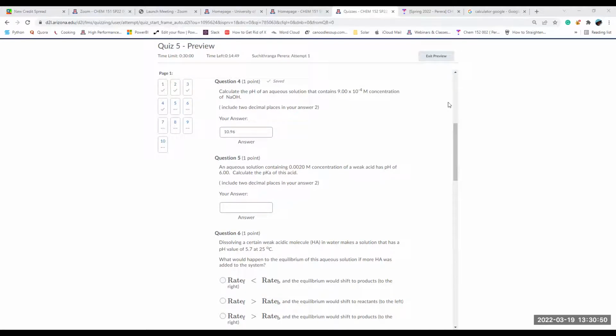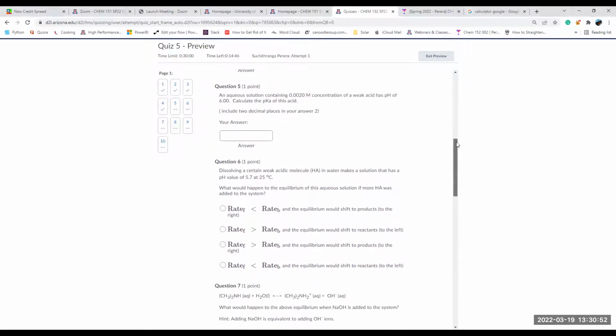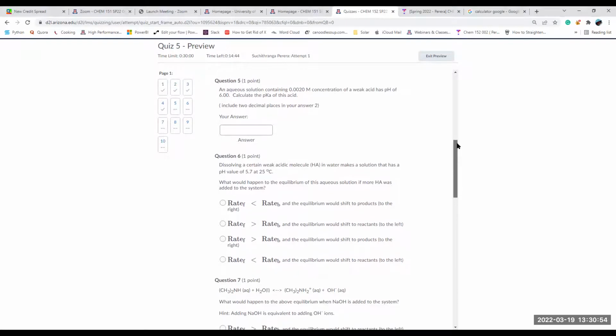Now let's move on to question 5. An aqueous solution containing 0.002 molar concentration of a weak acid has a pH of 6. Calculate the pKa of this acid. Now this is the other way around. You are given the pH, and also you are given the initial concentration.